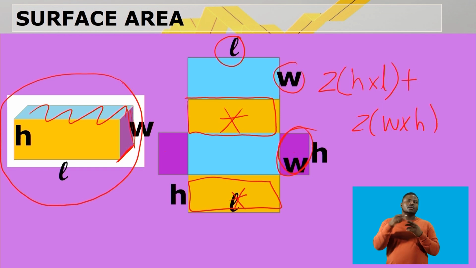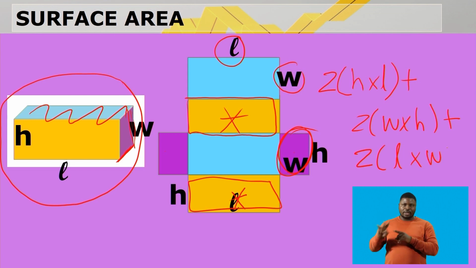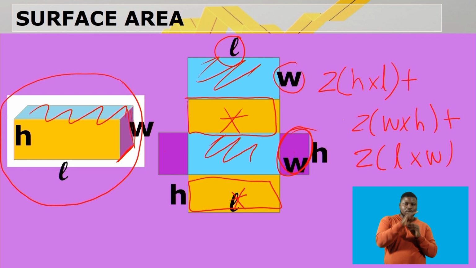That's this part, and there's 2, plus 2 times the length times the width, and that is the blue ones. So you will see there's 6 faces in total that we need to add together.